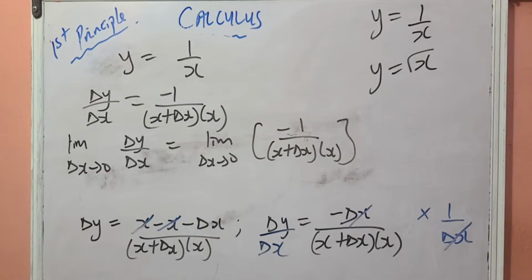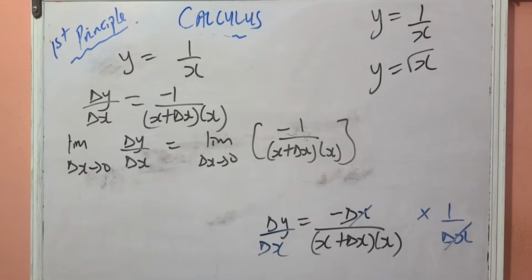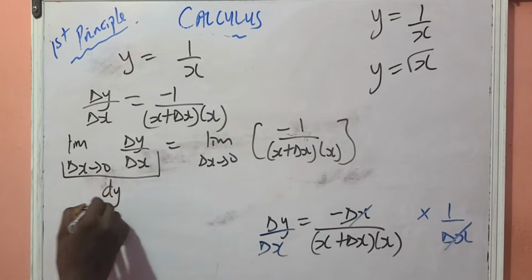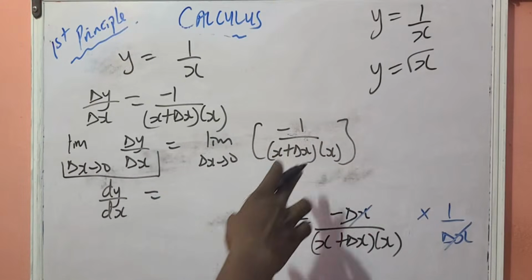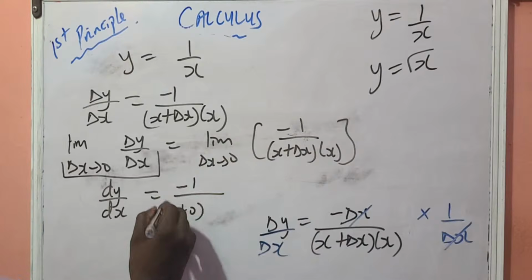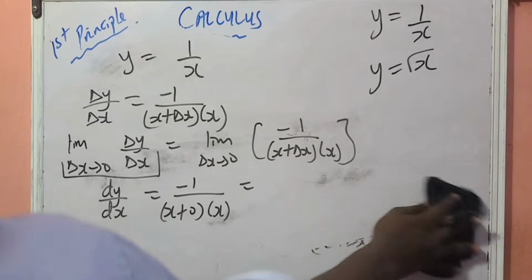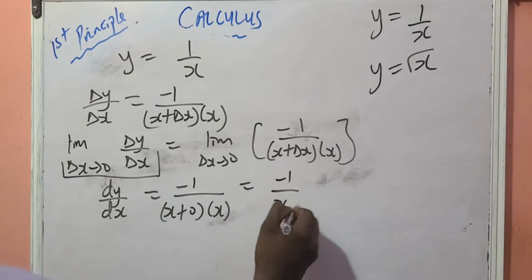I told you already that this transforms to dy over dx. So dy over dx is equals to, now we have to fix change in x as 0. That will be minus 1 over x plus 0 times x. That will be what? We have minus 1 over x squared.